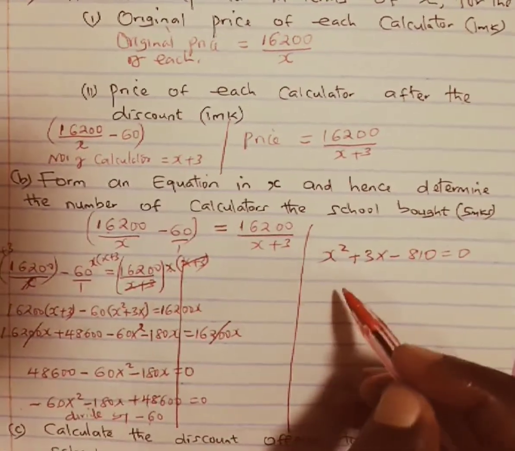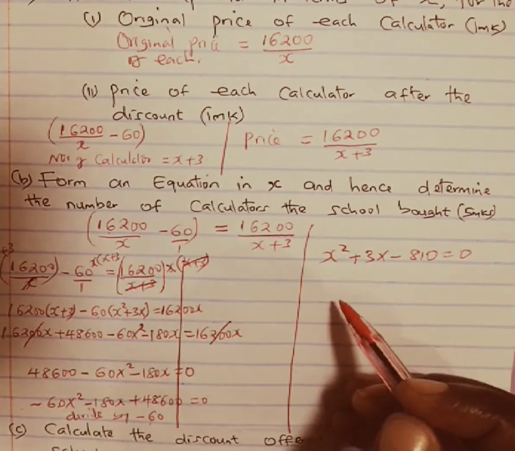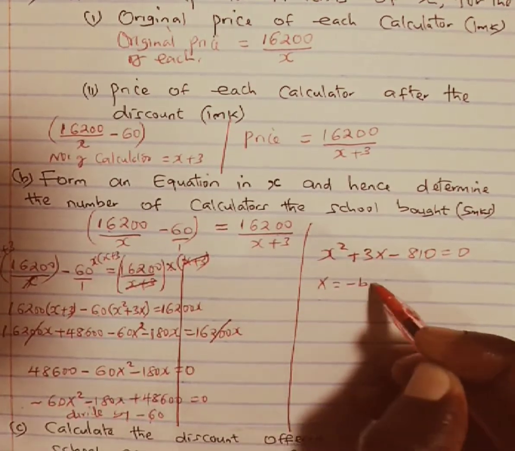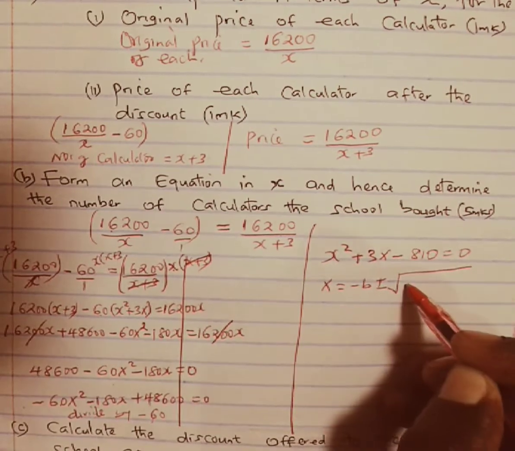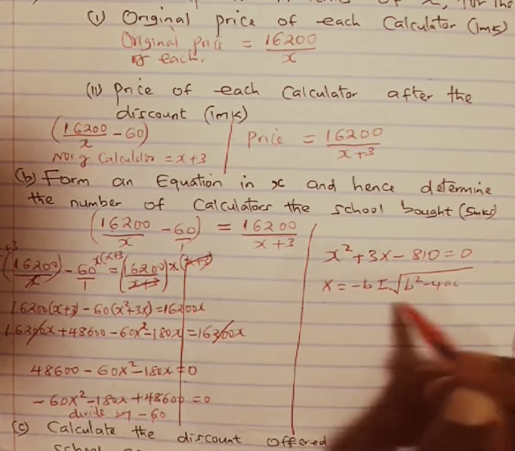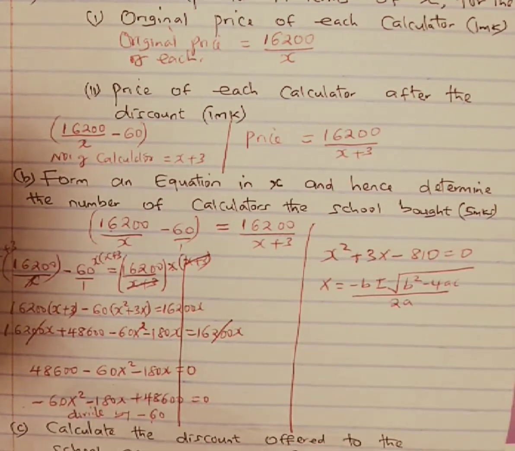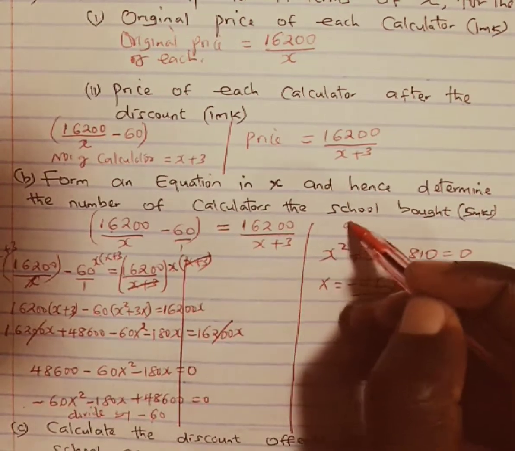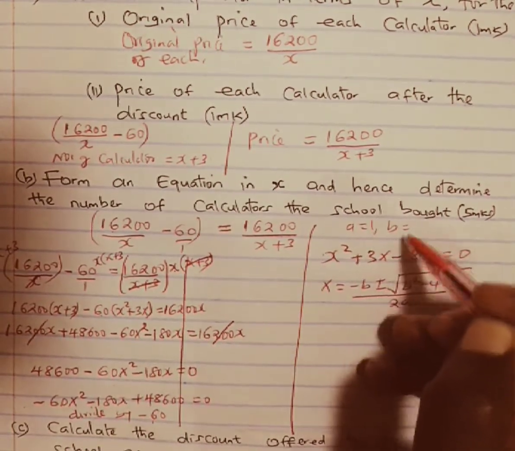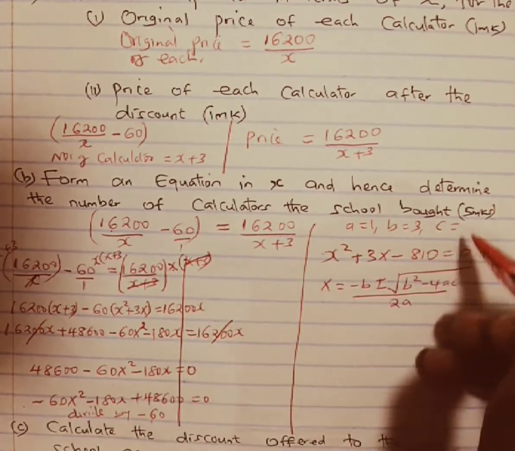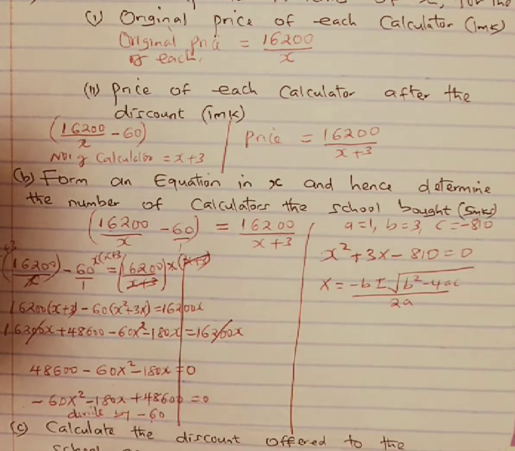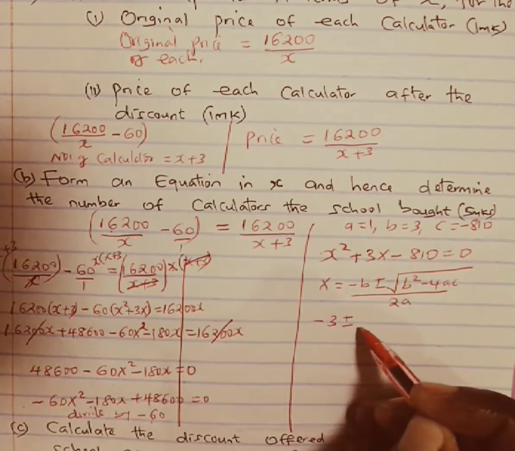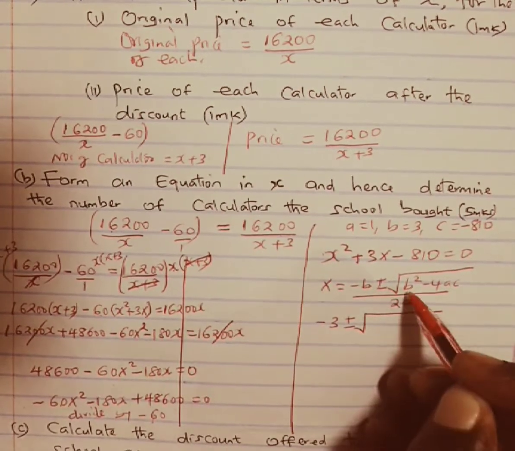From here now, we are going to use the quadratic formula method to solve this question. We know X will be equal to minus b plus or minus the square root of b squared minus 4ac, everything divided by 2a. The values of our a, first we have a is 1, b is positive 3, and c is negative 810. So minus b would be negative 3 plus or minus the square root of b squared.